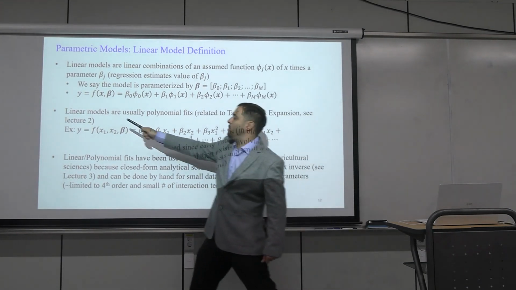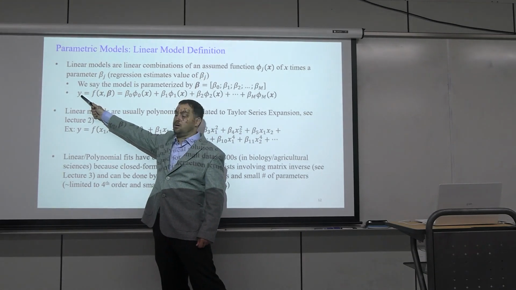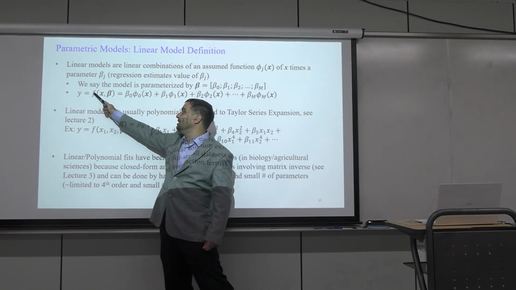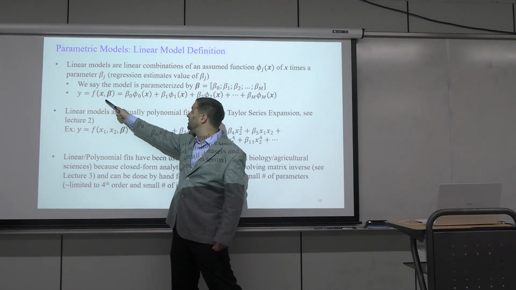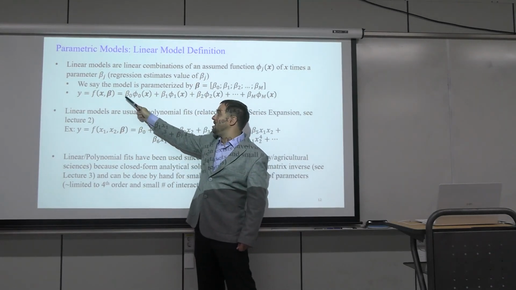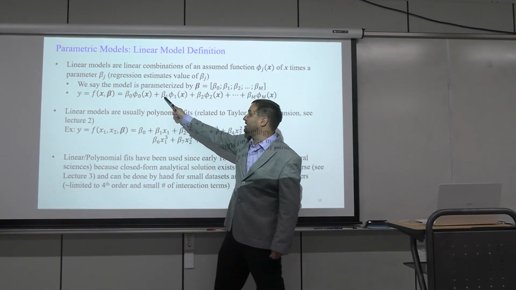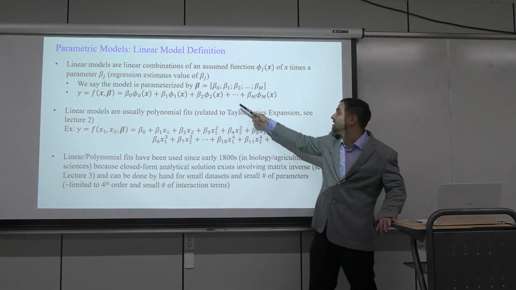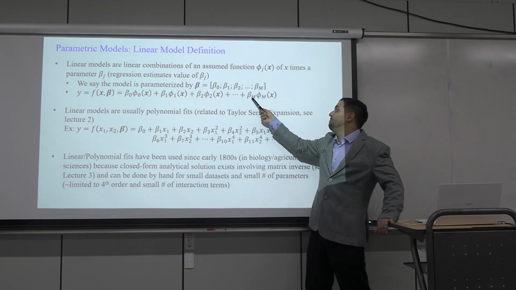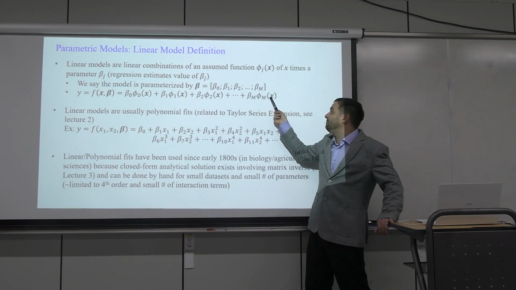And so we can write our dependent variable y as some function of x and beta, which are both vectors. This is beta naught times phi naught of x plus beta 1 times phi 1 of x plus beta 2 times phi 2 of x plus ... beta m times phi m of x.